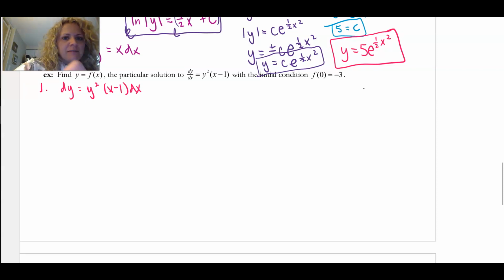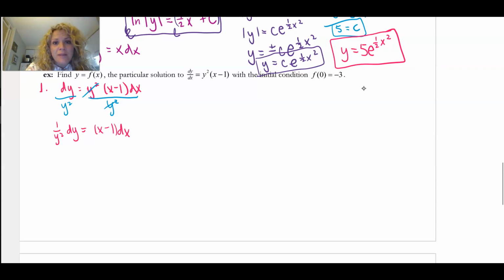So if we divide both sides by y squared, we could now rewrite that as 1 over y squared dy equals x minus 1 dx.